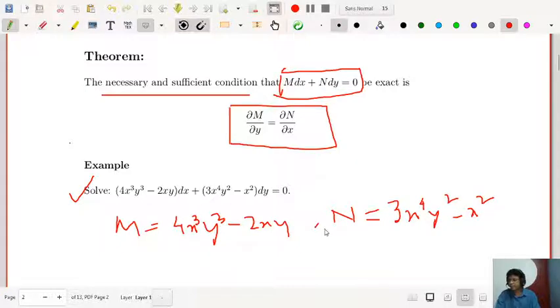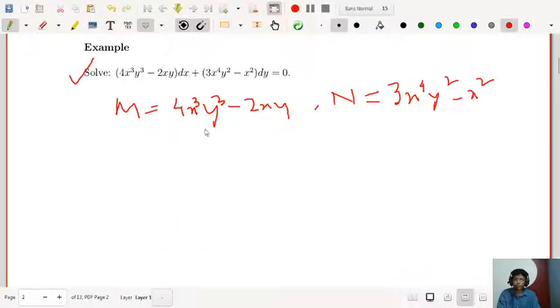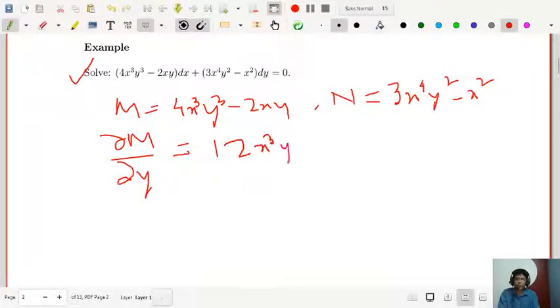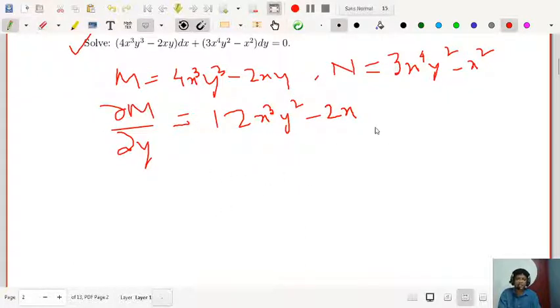So you apply del M del y. If you are doing partial differentiation with respect to y, x is constant. In that case you have 12x cube y square minus 2x. Let us check del N del x, the partial derivative with respect to x, where y is constant.